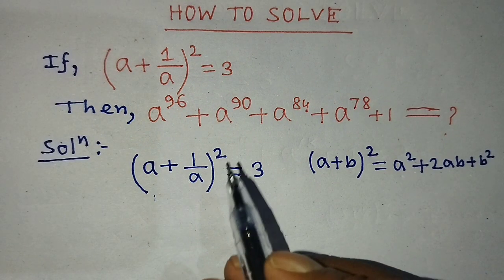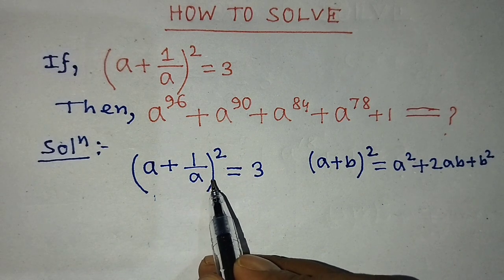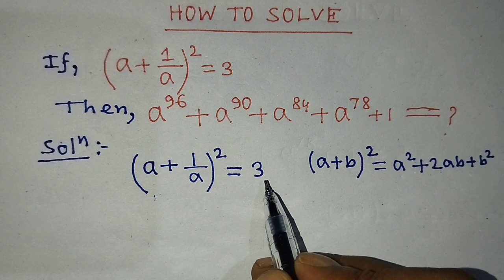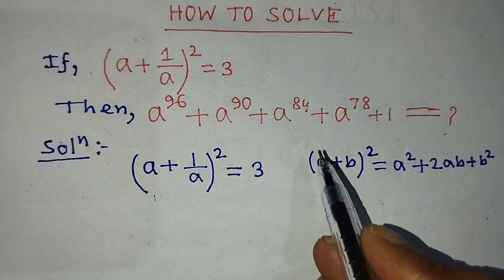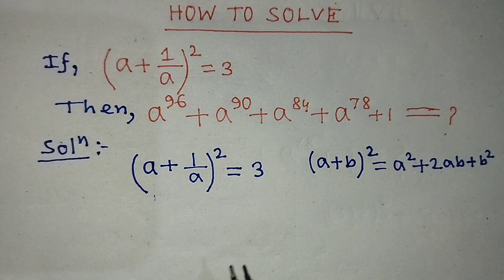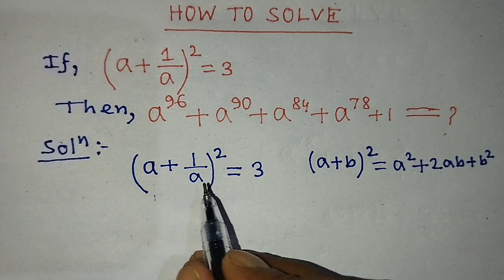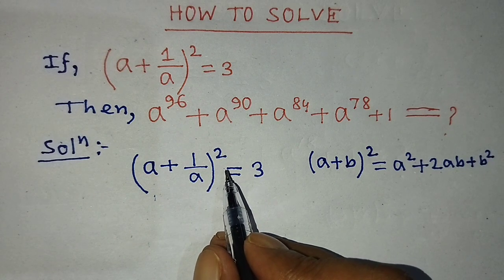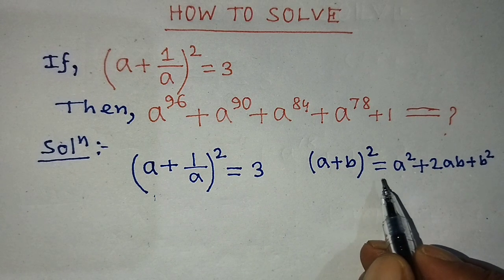So my dear student, in this question it is given that (a plus 1 over a) whole to the power 2 is equal to 3 and we have to find the value of this algebraic expression. The left hand side of this equation is (a plus 1 over a) whole to the power 2. To simplify the LHS we have to apply this formula.